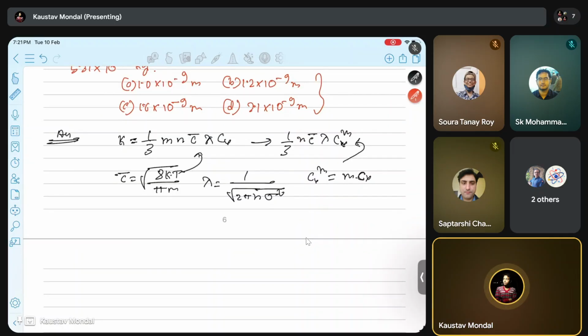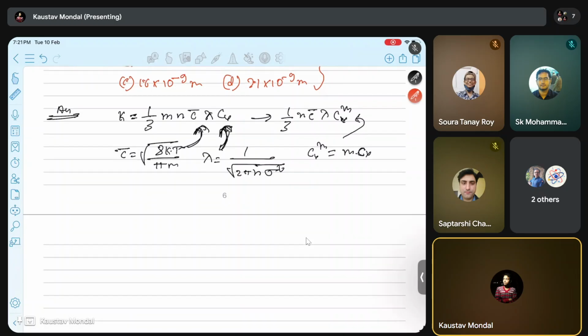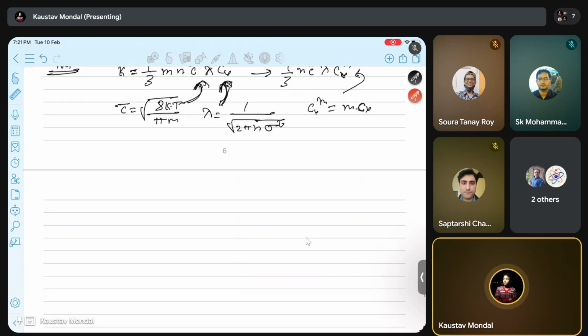Now if you substitute all of this thing here, we're getting kappa as 1 by 3 into root 2 into cv by pi sigma square into m into root under 8 kbt by pi m.